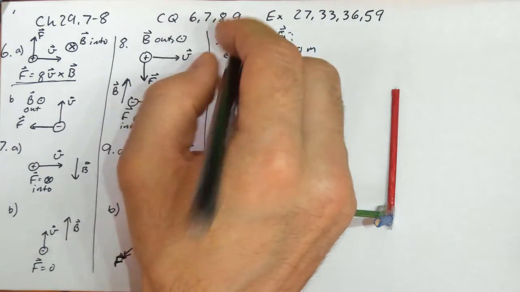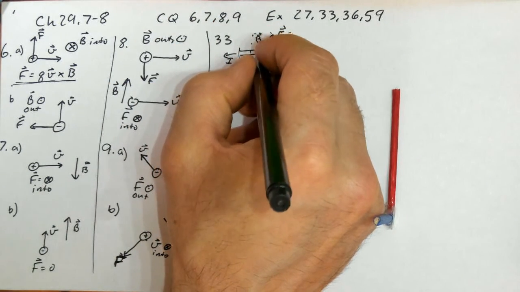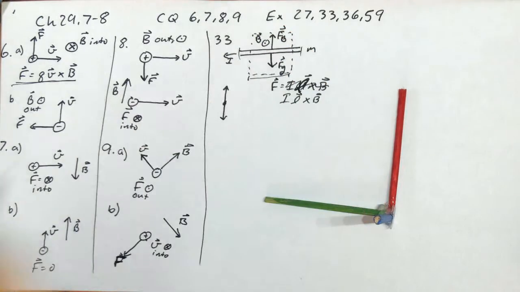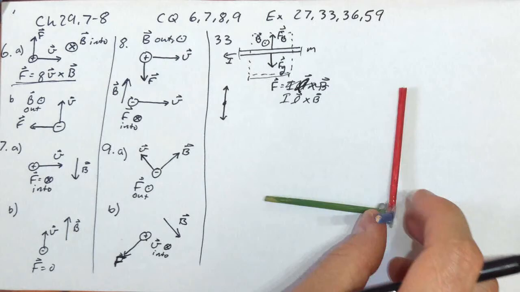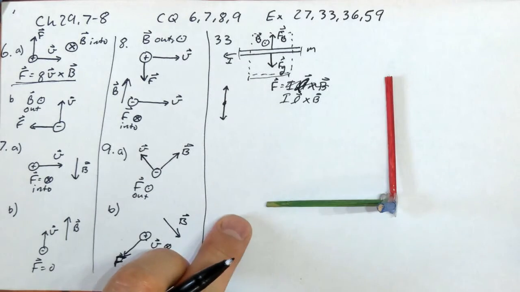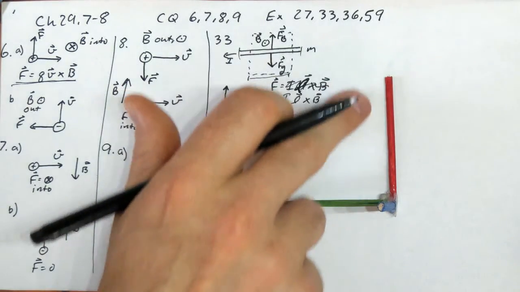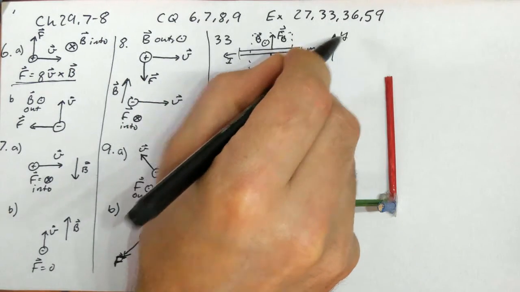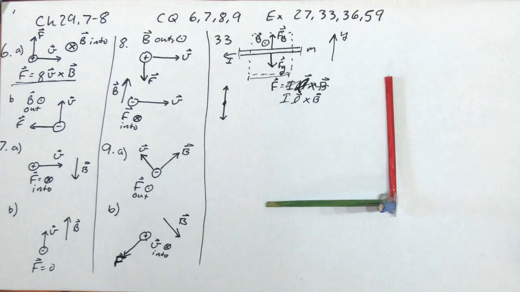So B is out. Again, current's flowing to the left. The force on this wire is vertically upward, which we'll use y hat to mean upward, away from gravity. And that means the magnetic field needs to be pointing out of the page.